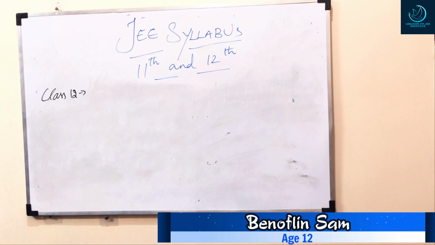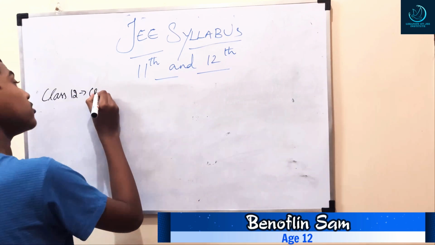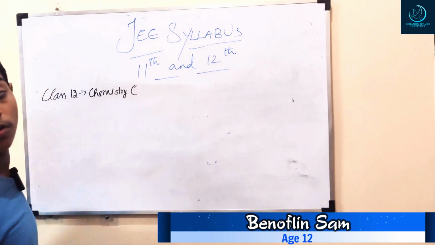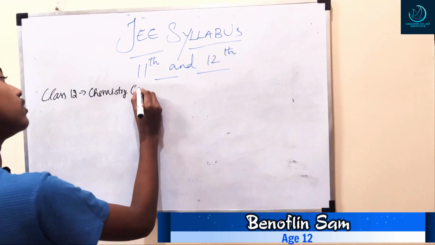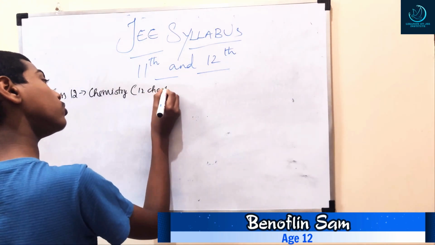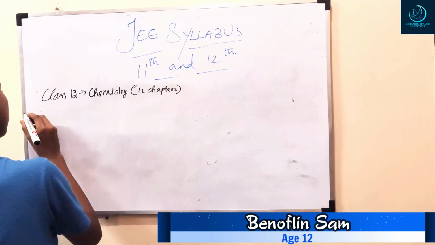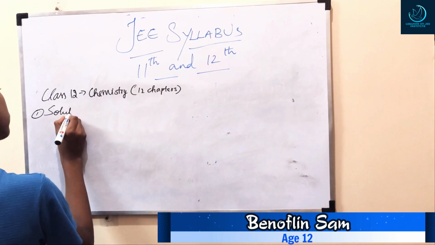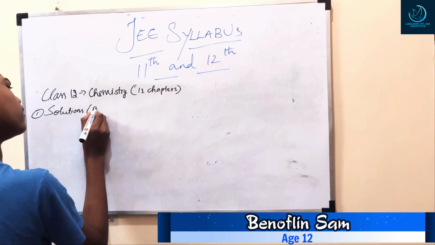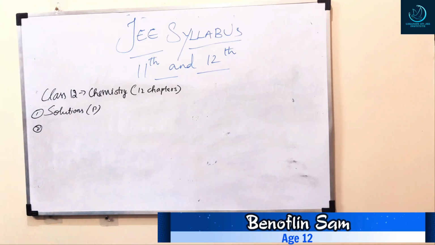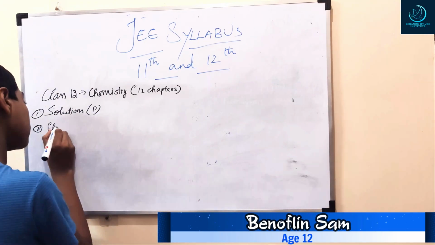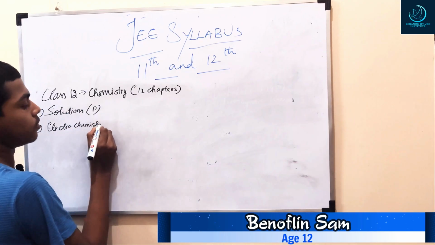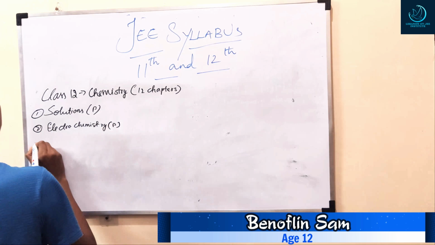Last but not least, chemistry. How many chapters? 12 chapters. Number 1 is solutions, from physical chemistry. Number 2, electrochemistry, will be physical chemistry.